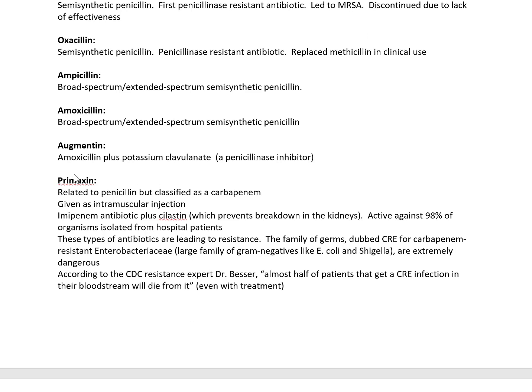Then we have Augmentin. So Augmentin, I definitely want you to know, is the most powerful of this group of drugs. So it is a broad spectrum, extended spectrum semi-synthetic penicillin. But what they did is they actually added, so when you look at amoxicillin, they actually added something called potassium clavulanate, or it's also called clavulanic acid.